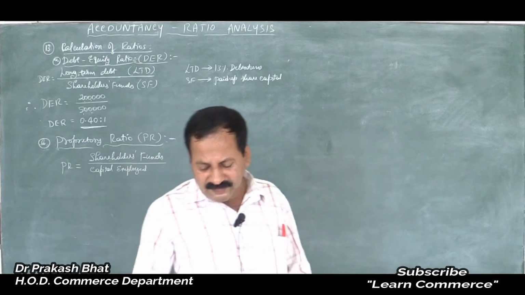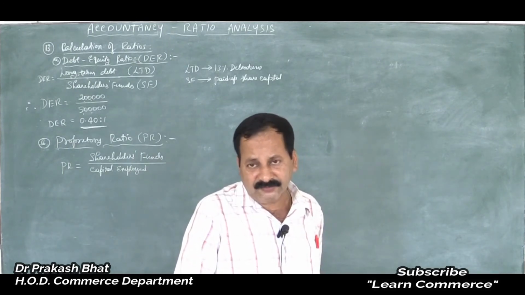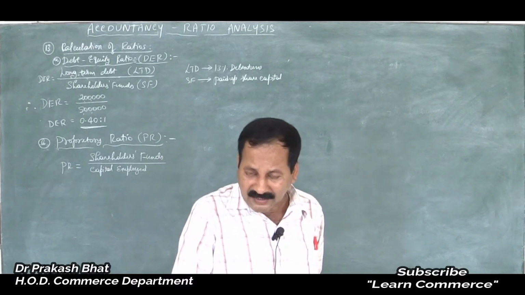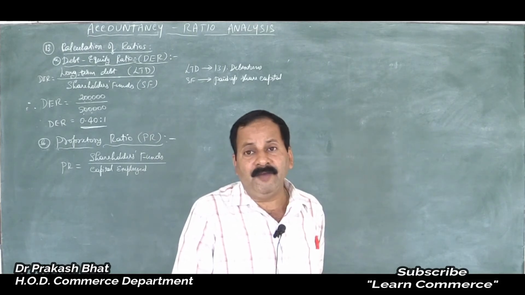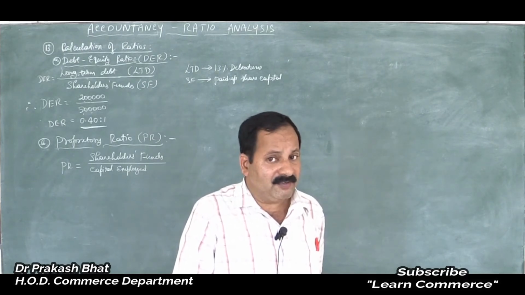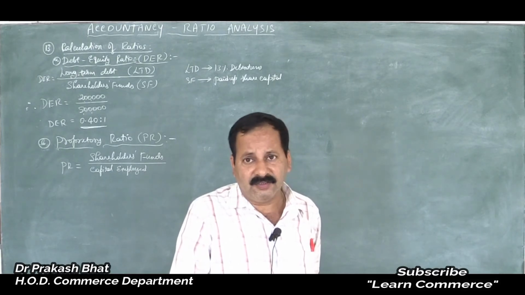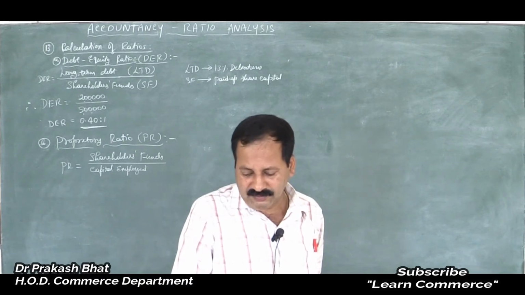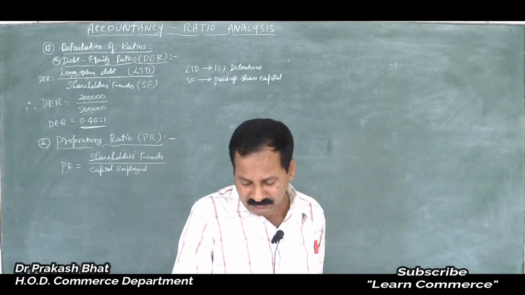Now, total of assets. What are the assets given in the problem? Sales, no, it is a statement of profit and loss. Paid up share capital is a liability. Current liability. Average inventory, inventory means stock, so inventory is a current asset. Then current assets other than inventory are given, 4 lakh.